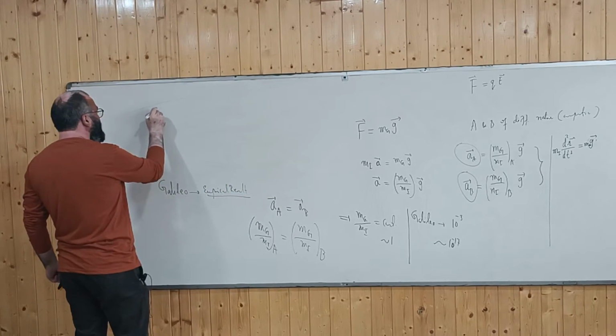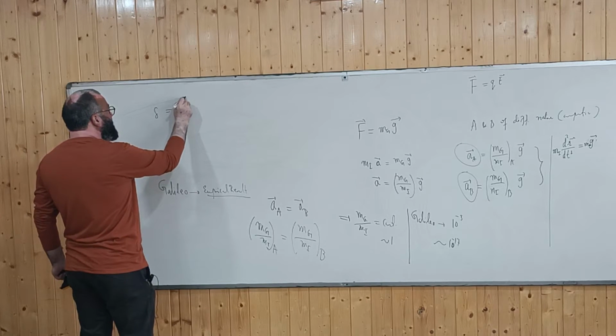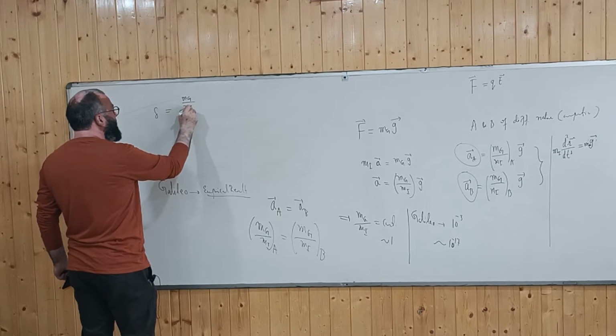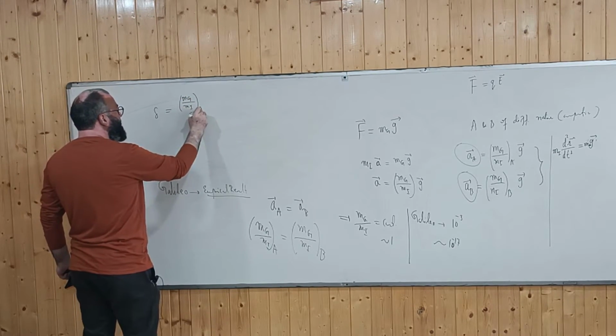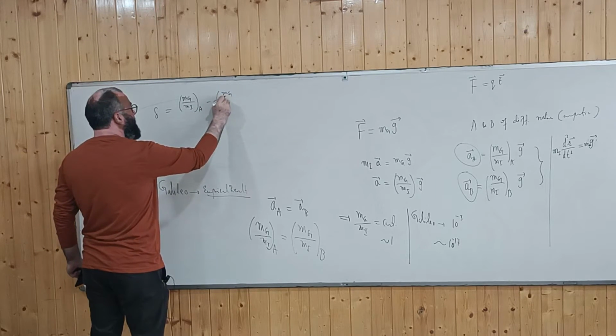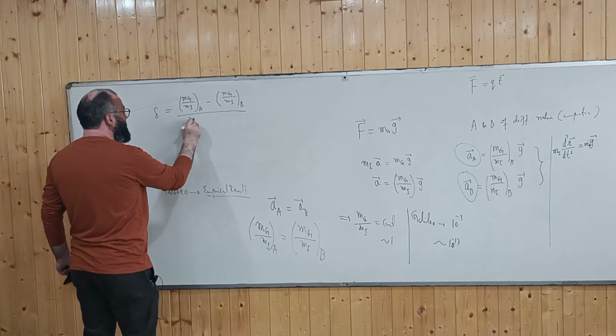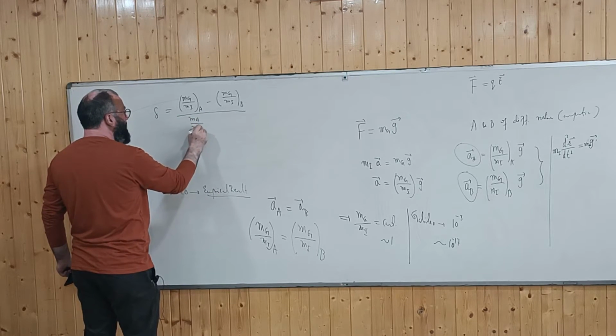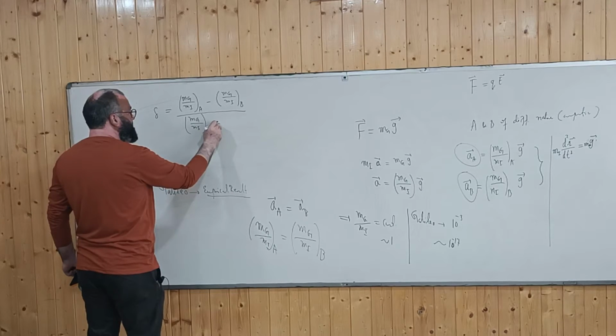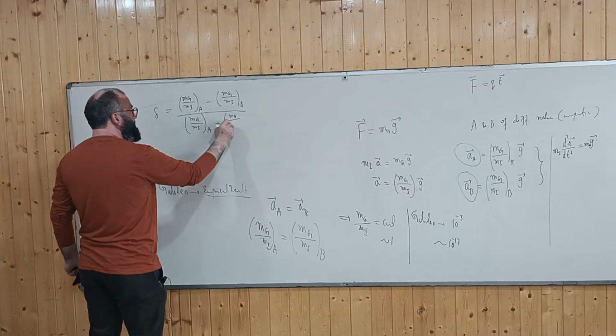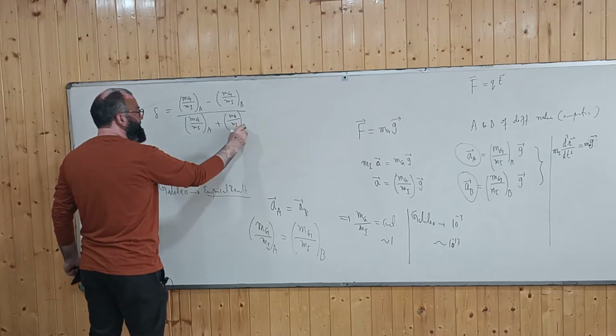So let's say this delta is mg by mi for an object A minus mg by mi for an object B, divided by mg by mi for an object A plus mg by mi for B. This is very trivial.